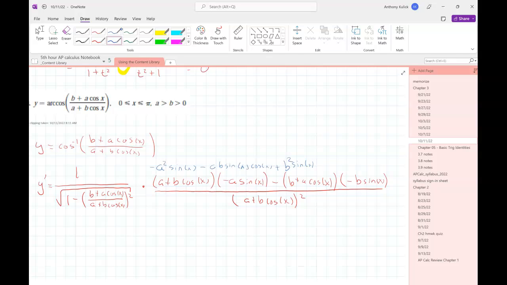And then I'll have minus ab cosine x sine x, but it's minus minus, so it'll be plus. And that's nice because those guys will cancel out for me at least.